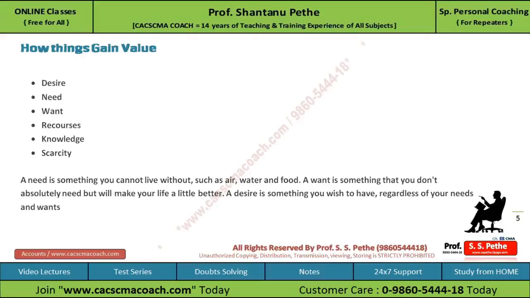Here it is also important to know how things gain value. How does any particular commodity gain its value? For example, there is a diamond, and this diamond has some value in it. Why does diamond have so much value?